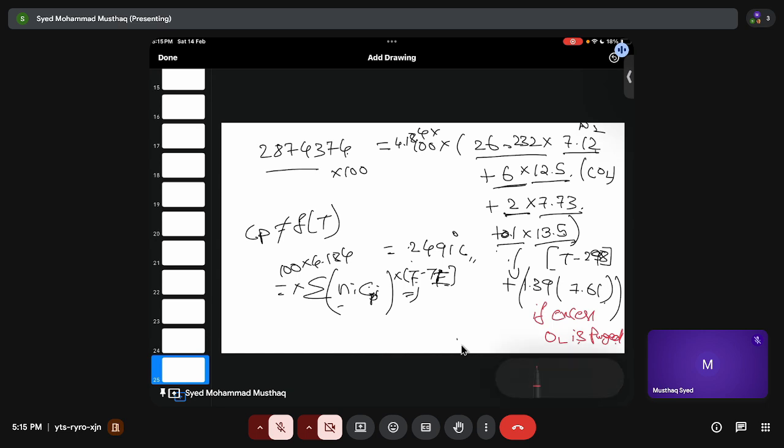Then your temperature will slightly change. Why? Because some amount of energy is eaten away by oxygen, right? Oxygen will also heat up. So that's why the temperature drop will be 2139 degrees centigrade. Okay, that's all.